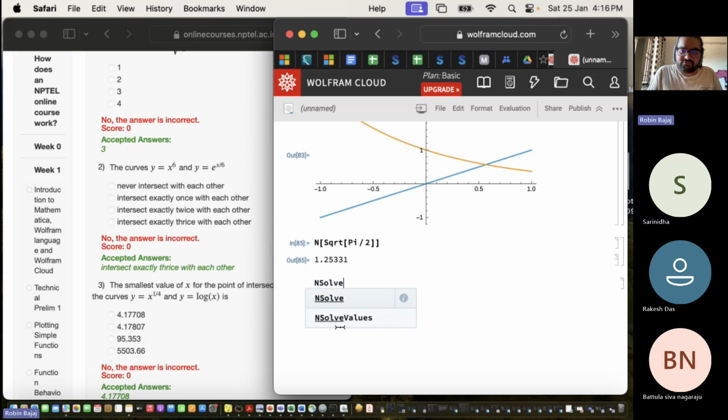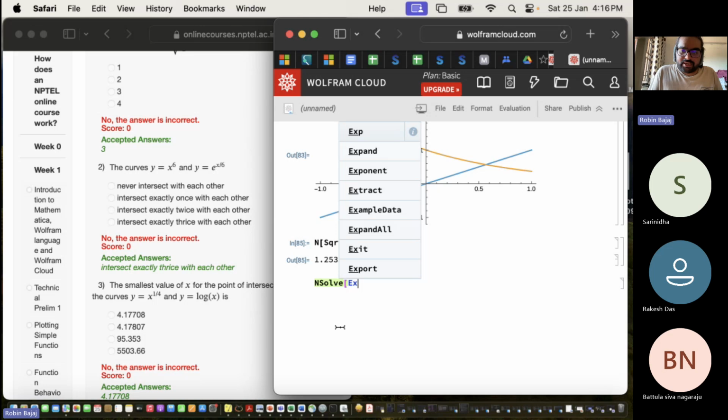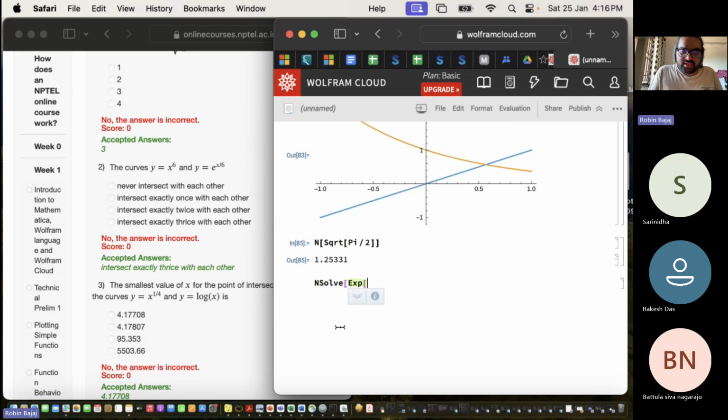Using nsolve, you mean, right? Yeah, so I'll do this: e^(x/6) minus x^6 equal to 0.